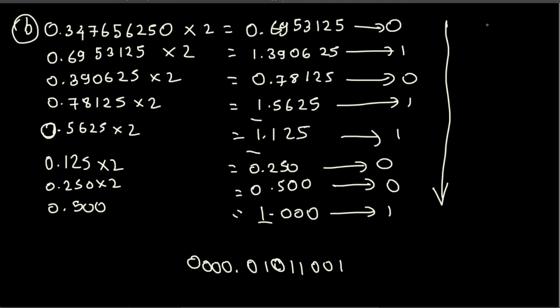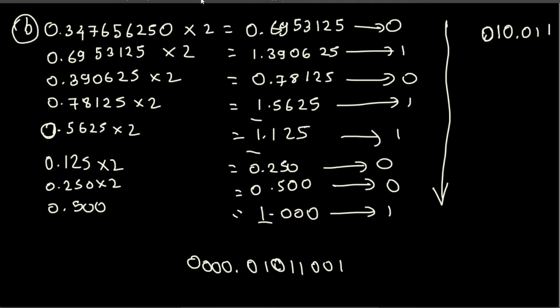But for the integer part, if you want to make one more bit, like for example, let's say you have 10 point something, and you want to make the integer part more bits, like here it is 2 bits and you want to make it 3 bits, you have to put the zero on the left side. So for the integer part, you add zeros on the left side. For the fractional part, you add zeros on the right side to make it to the required bits.